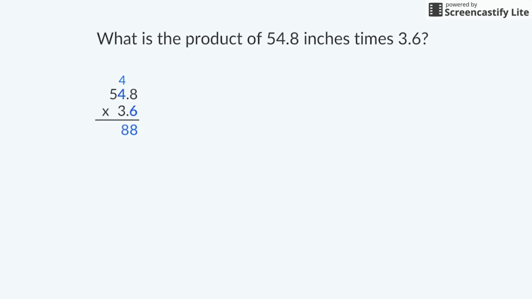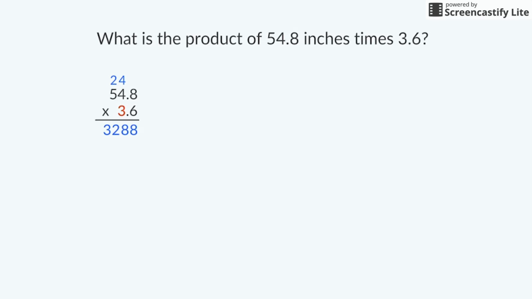I write the 8 in the product and regroup the 2 to the next place. 6 times 5 equals 30. 30 plus the 2 I regrouped equals 32. I write 32 in the product. So, 6 times 548 equals the partial product of 3,288.